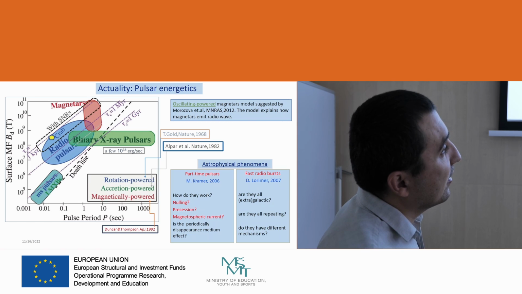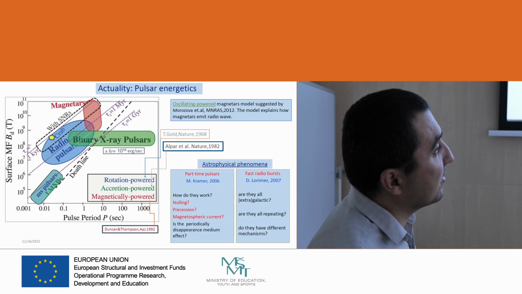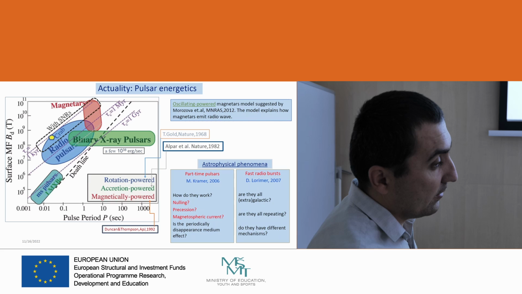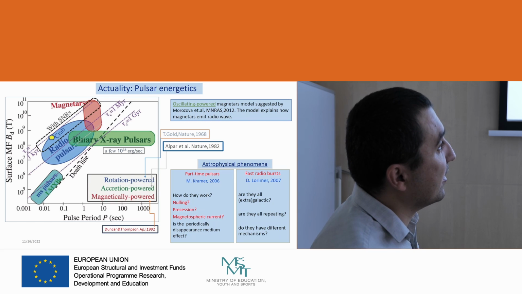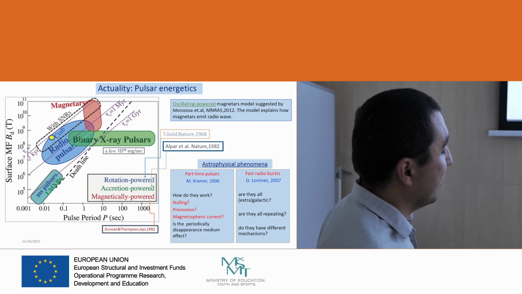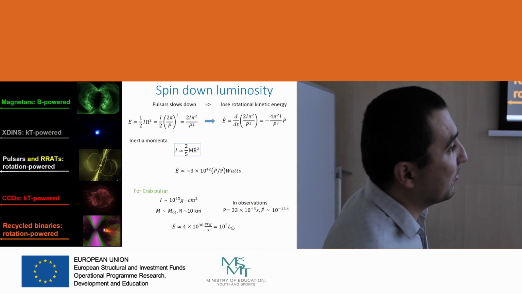How do fast radio bursts, FRBs, originate as bursts from neutron stars, and what is the mechanism of the part-time pulsars? Do they work part-time? We can try to explain.